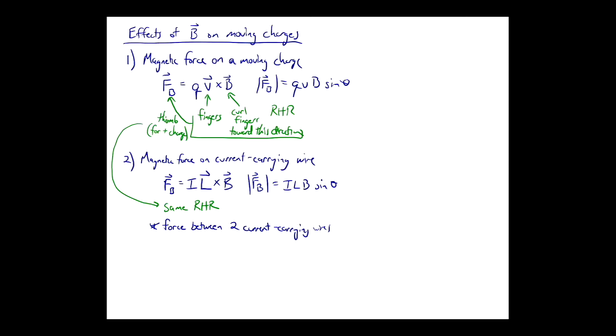And how to write this? We're not going to deal with any cross products or anything here. We're just going to have a magnitude for this particular force. And it works out to be mu naught over 2 pi d, where d is the distance between the two wires, times the two currents, times the length of the wires, assuming they're the same length.